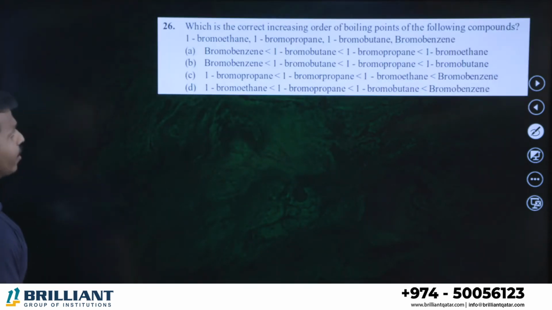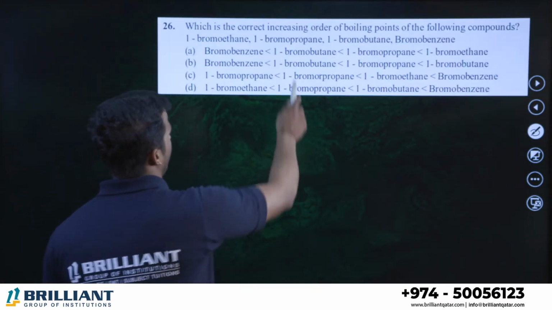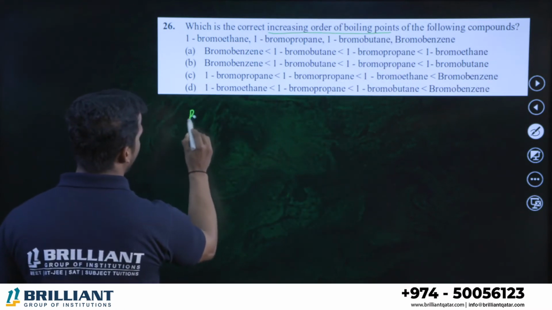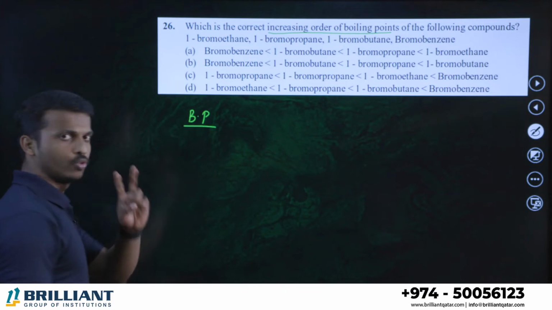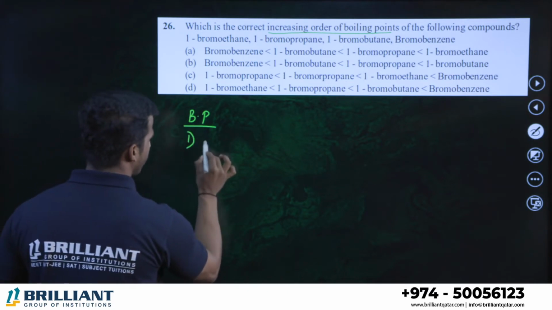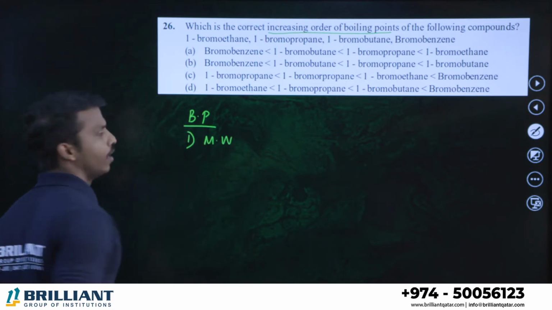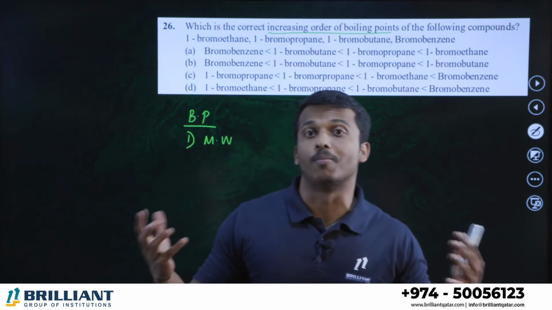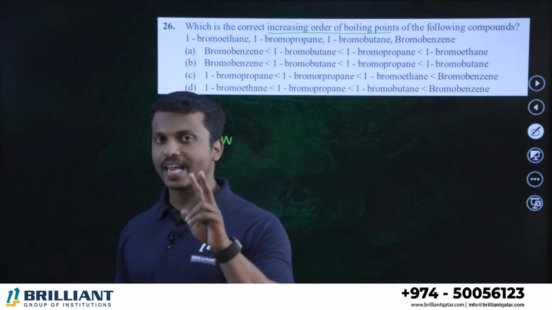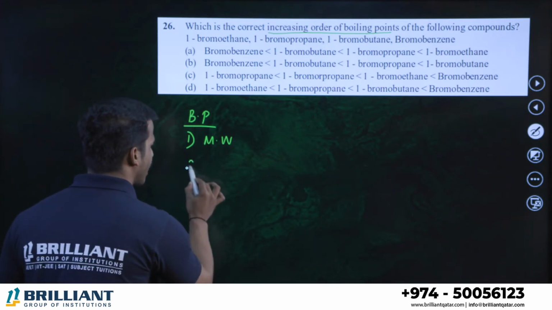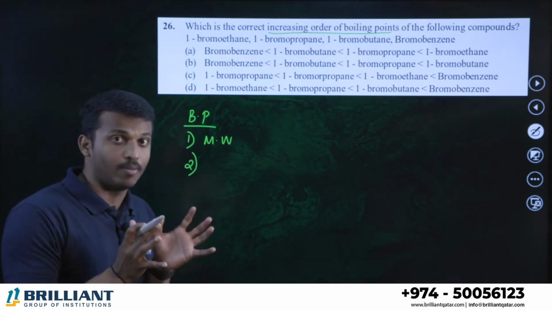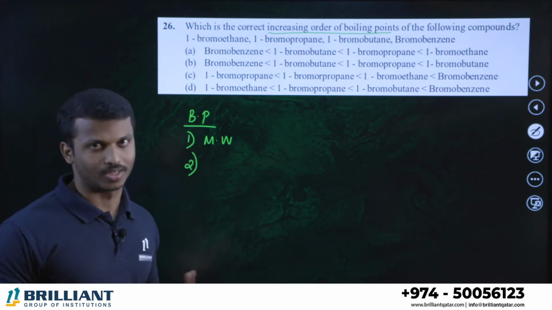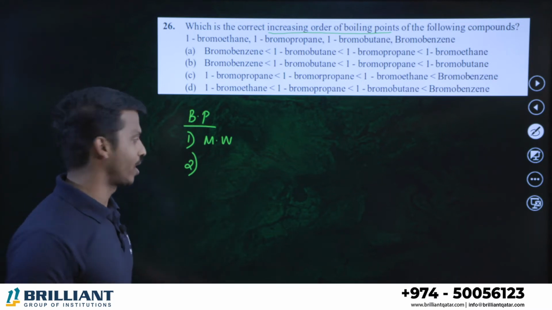Which is the correct increasing order of boiling point? Dear student, boiling point mainly depends on two factors. First one is molecular weight. The greater the molecular weight of a compound, the greater the boiling point. Second factor: if they give isomers with the same molecular formula or mass, we check the branching.